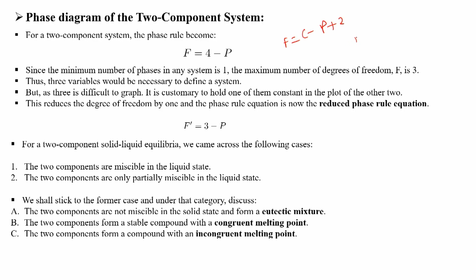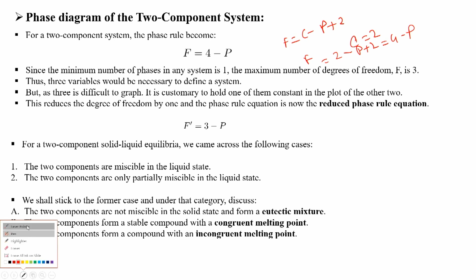Now C is 2, so F equals 2 minus P plus 2, which gives 4 minus P. Since the minimum number of phases in any system is 1, the maximum number of degrees of freedom F is 3 for a two component system.